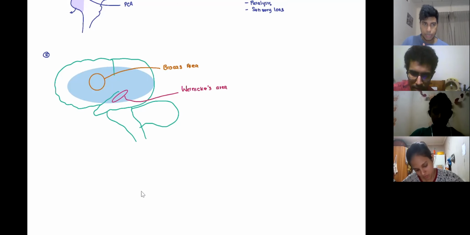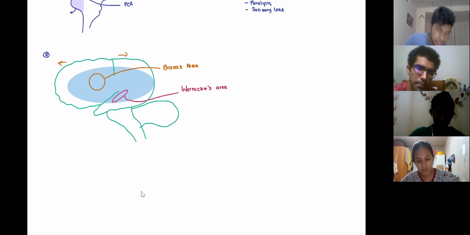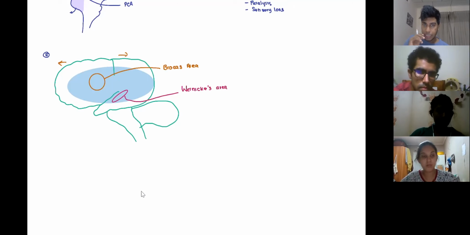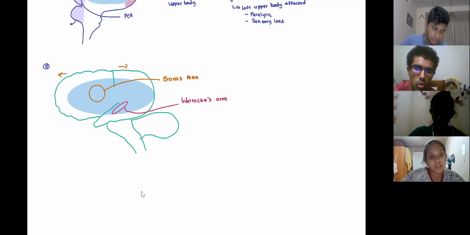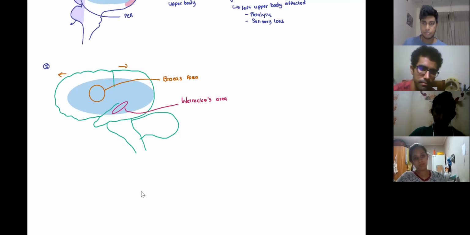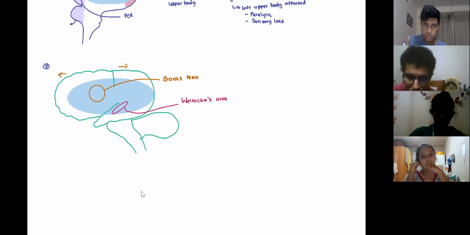Look at this image and tell me, this is the anterior aspect, this is the posterior aspect. Is the Broca's area involved in motor activity, or is the Wernicke's area involved in motor activity? Broca's area, is it involved in speech?